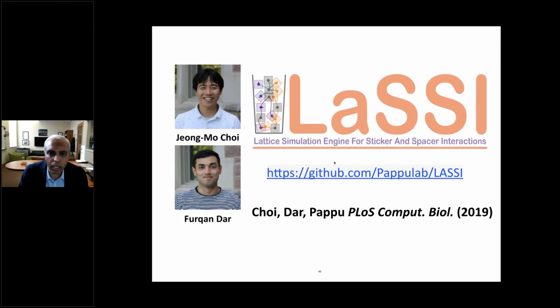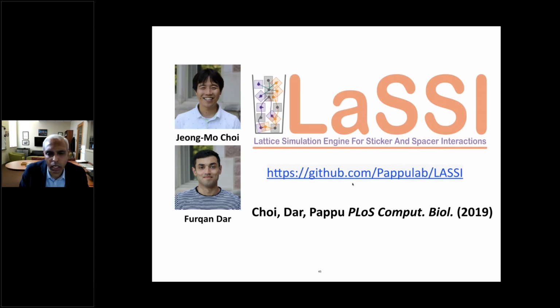This is a way of coarse graining representations of biomolecules and doing large-scale simulations of these molecules on lattices. For those of you who are interested in playing with this and trying to adapt your particular molecular system to these coarse-grained architectures, the code is available on GitHub for free. Feel free to contact us with any questions you have about usage.